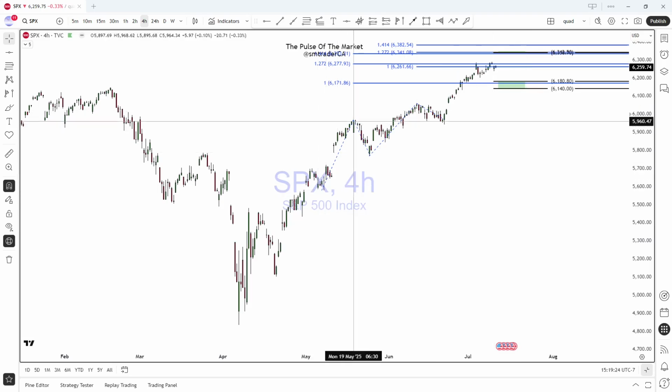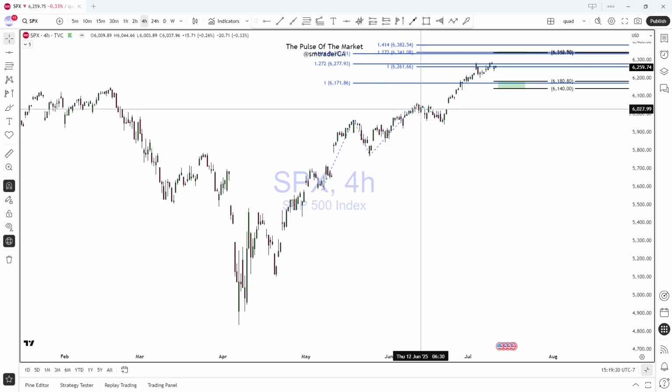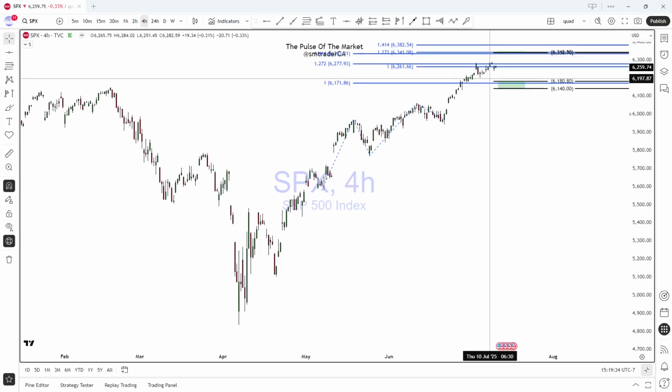One set of traders might be looking at this symmetry move and these extensions, and another set of technical traders looking at this extension and these levels. So the more technical levels at a similar vicinity to each other, the more likely we'll see price reaction at those levels.